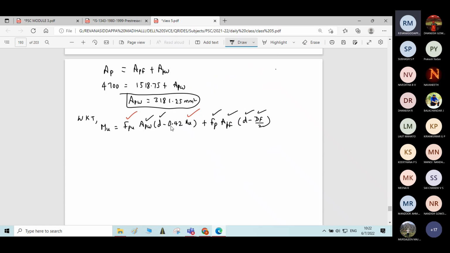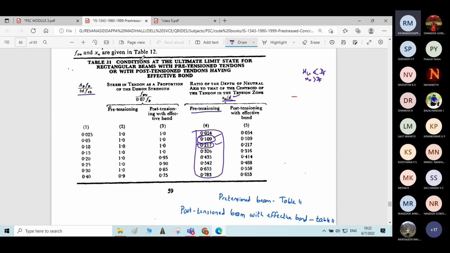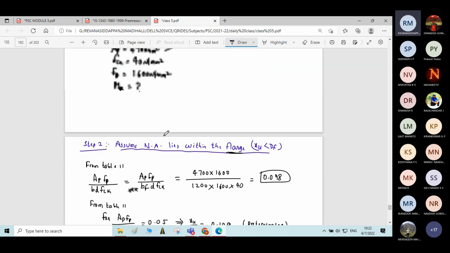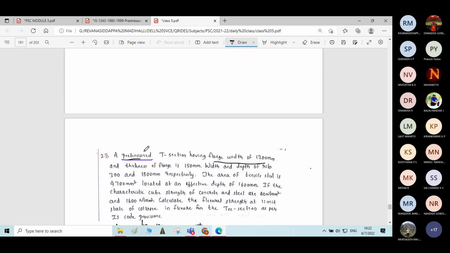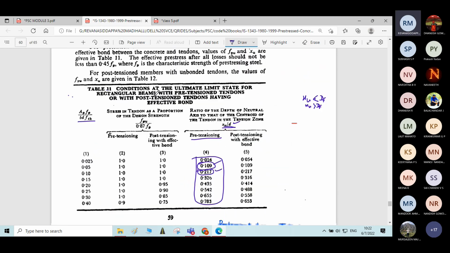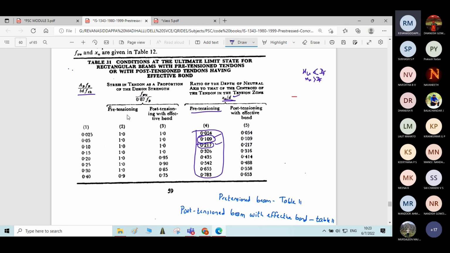To calculate the value of FPU and XU, we have to refer to the table of the IS 1343 code book. In the problem he clearly says that it is a pre-tensioned beam. So we need to refer to the pre-tensioning case for finding these ratios, FPU by 0.87 FP and XU by D.